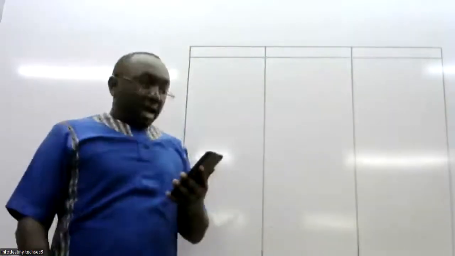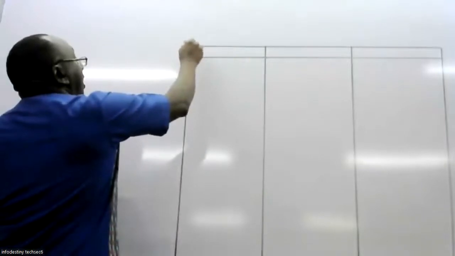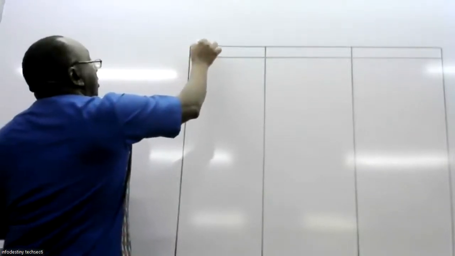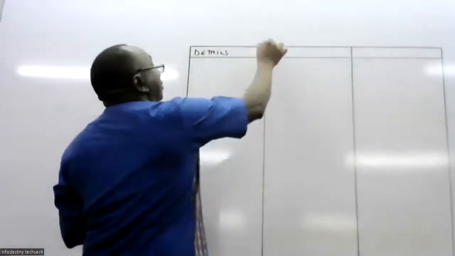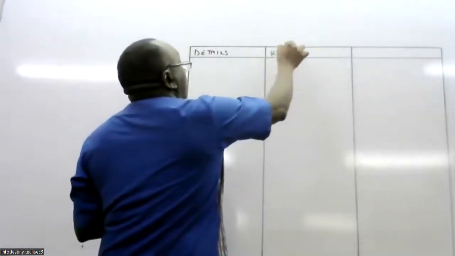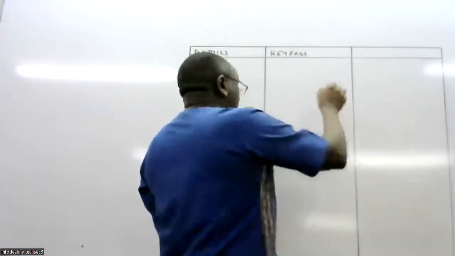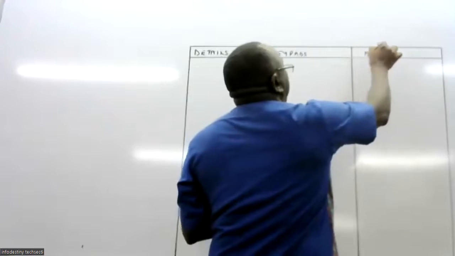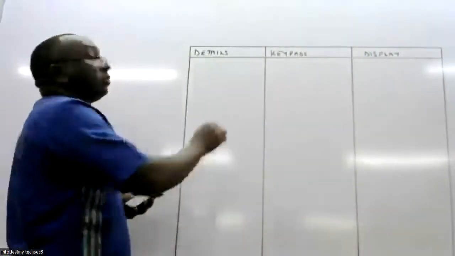So this question, it is about 2 items, as you have read. So we will have details here, and then we have key parts, and then we have the display.